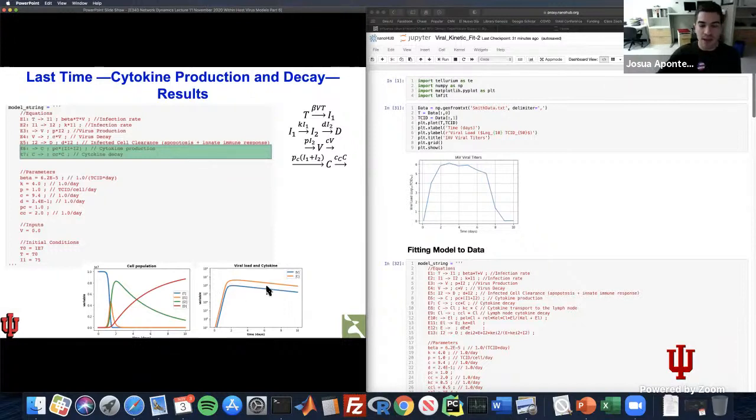And then the difference here has to do with multiple things, right? It has to do with the production rate, but the production rate is quite similar between them. It has to do with the decay rate, and we see that the virus decays much faster than the cytokine in our model. So you would expect to have a bit less, everything else being equal.